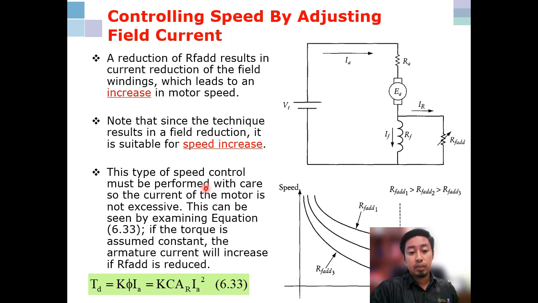This type of speed control must be performed with care so that the current of the motor is not excessive. This can be seen by examining equation 6.3. If the torque is assumed to be constant, the armature current will increase if the RF additional is reduced.